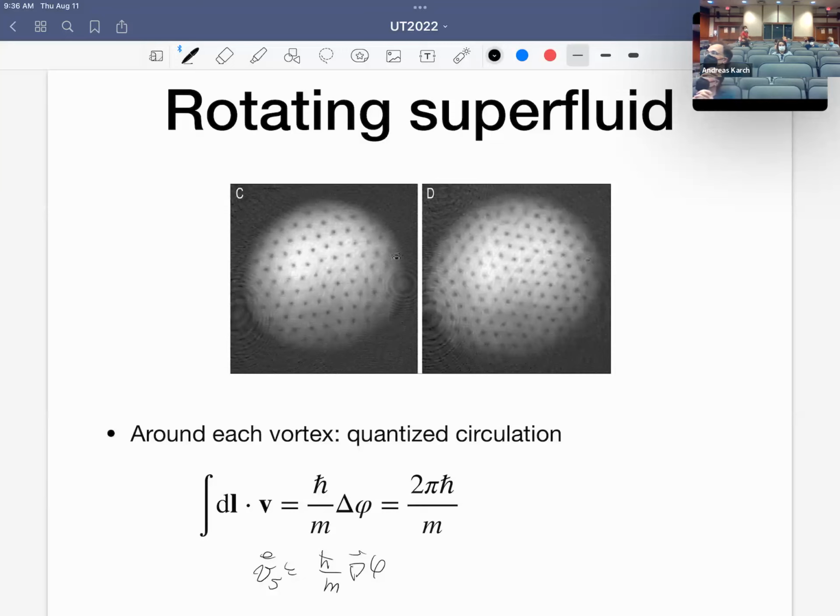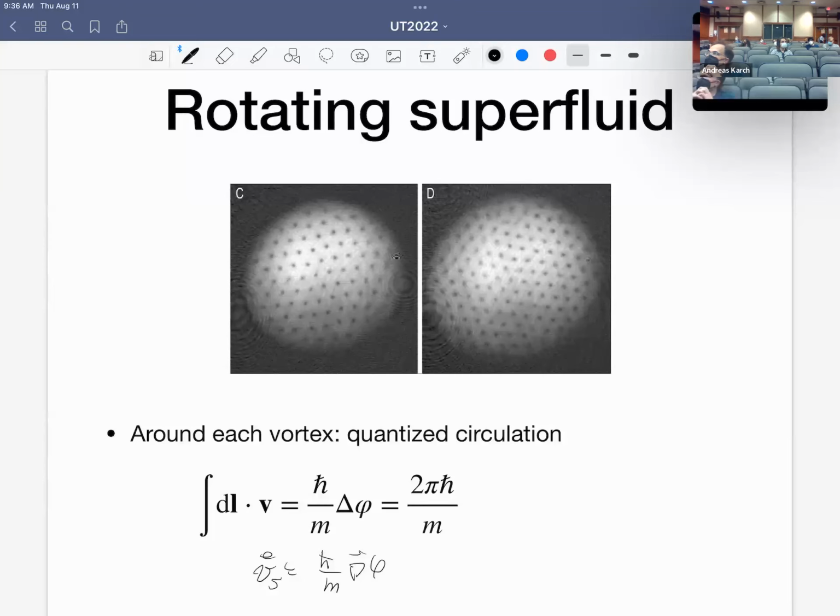An elementary vortex would have a jump of phi of 2 pi. And so you get a quantized circulation, 2 pi over 2 pi h bar over m. And that means that the number of vortices that one creates is completely fixed by how fast the boundary of that superfluid moves.